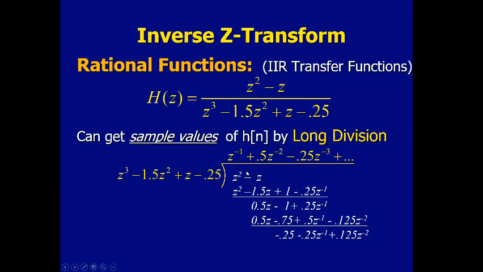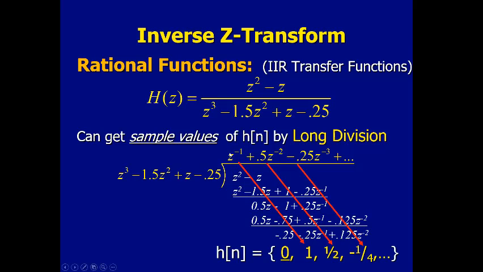But every component that I get in this quotient is something that I can inverse transform to a sample value in the resulting inverse z transform. Z to the minus 1 transforms to 1 times delta of n minus 1. 1/2 z to the minus 2 is a 1/2 delta of n minus 2.